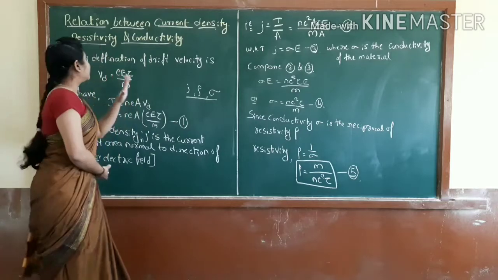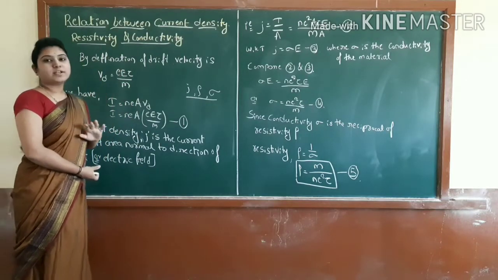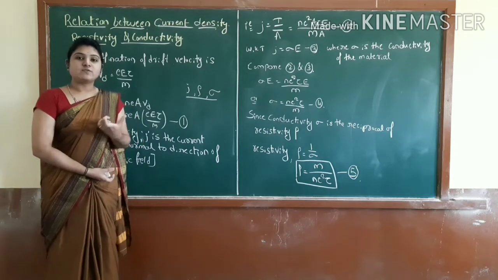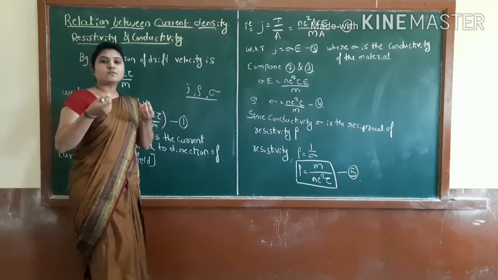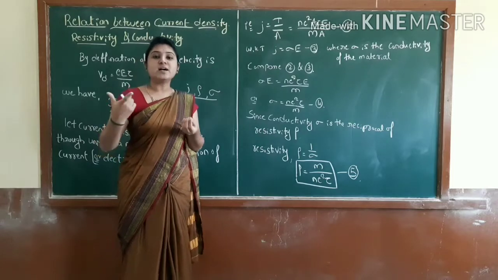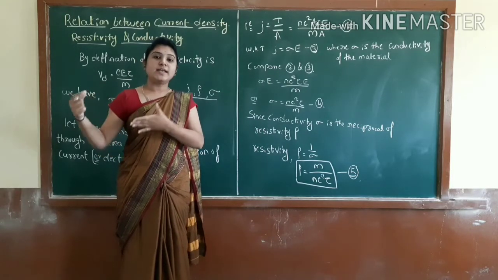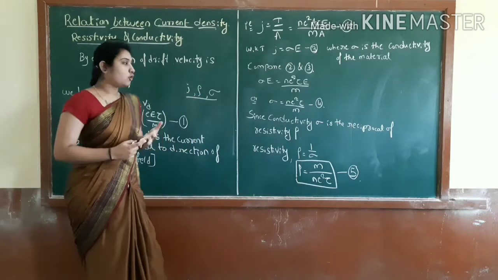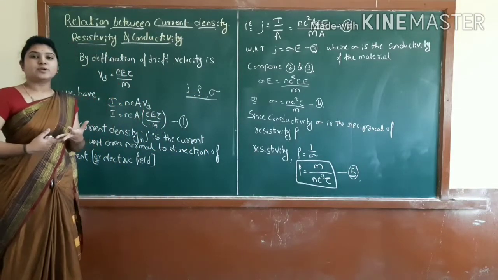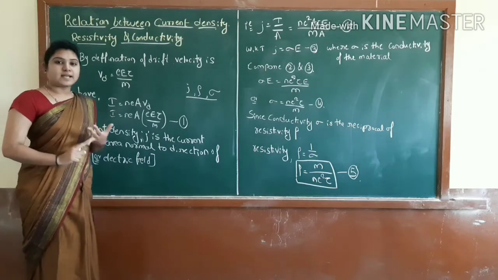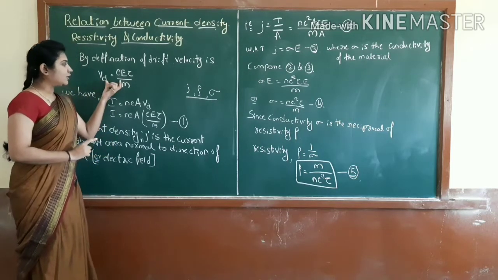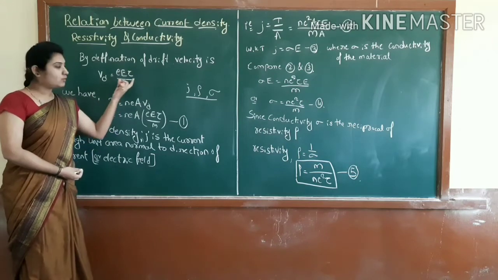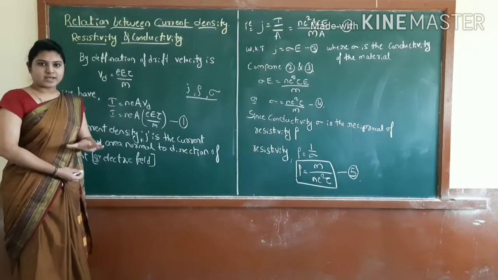How? See, first you take the definition of the drift velocity. So what is the drift velocity definition? The velocity of the electron which drifts the electron in a direction opposite to the electric field, correct? So from that we constituted one expression, that is Vd is equal to small e capital E tau divided by m, correct?